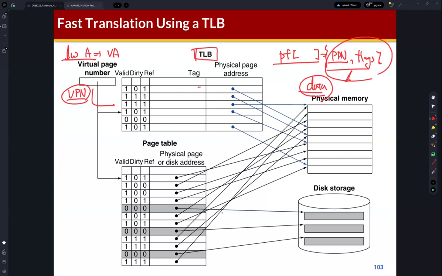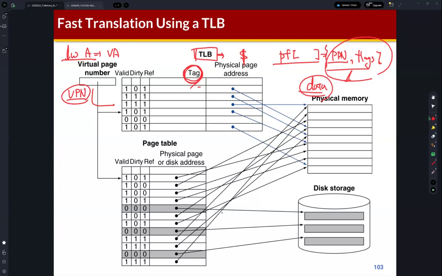These are the data part of the TLB. Because the TLB is a cache, we also need to store the tag. When we learned about the cache, we needed to store the tag because the cache size is smaller than the main memory.